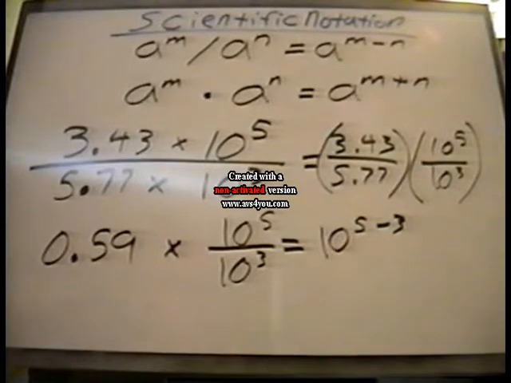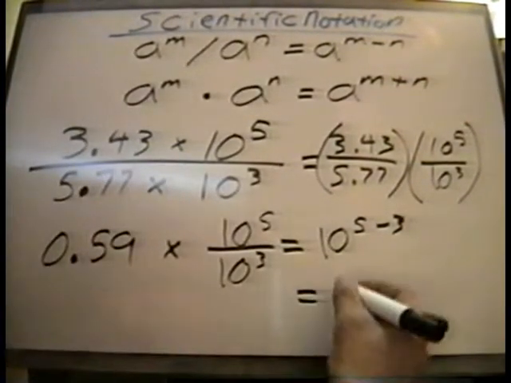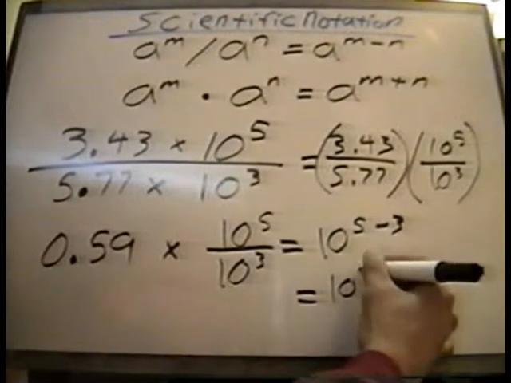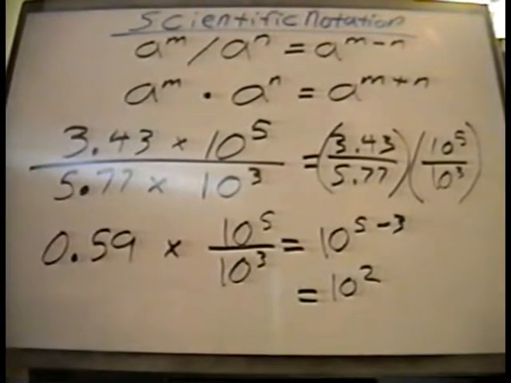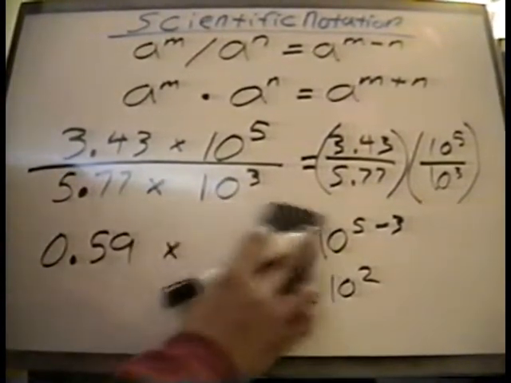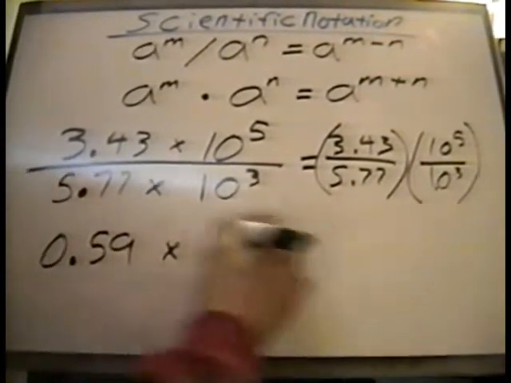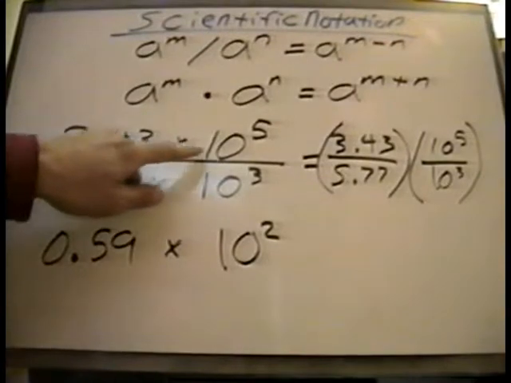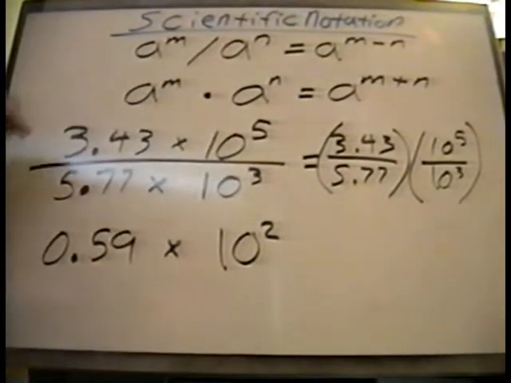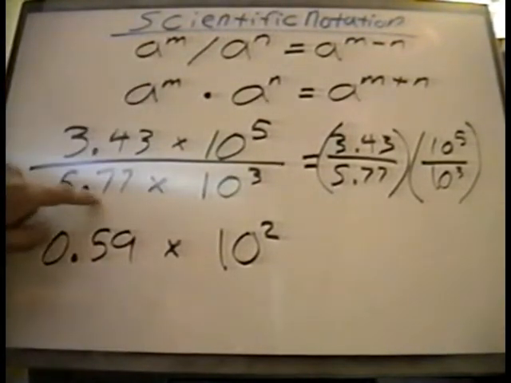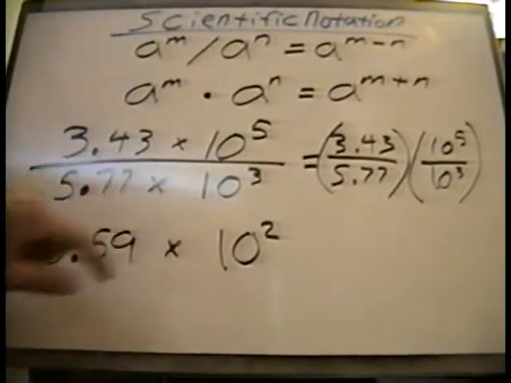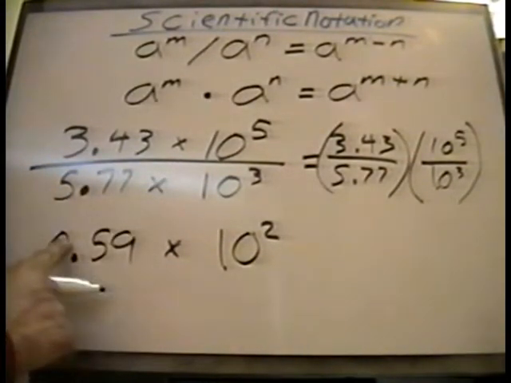And we know that gives us 10 to the power of 2. So our answer here for 3.43 times 10 to the power of 5 divided by 5.77 times 10 to the power of 3, the result of that division is 0.59 times 10 to the power of 2.